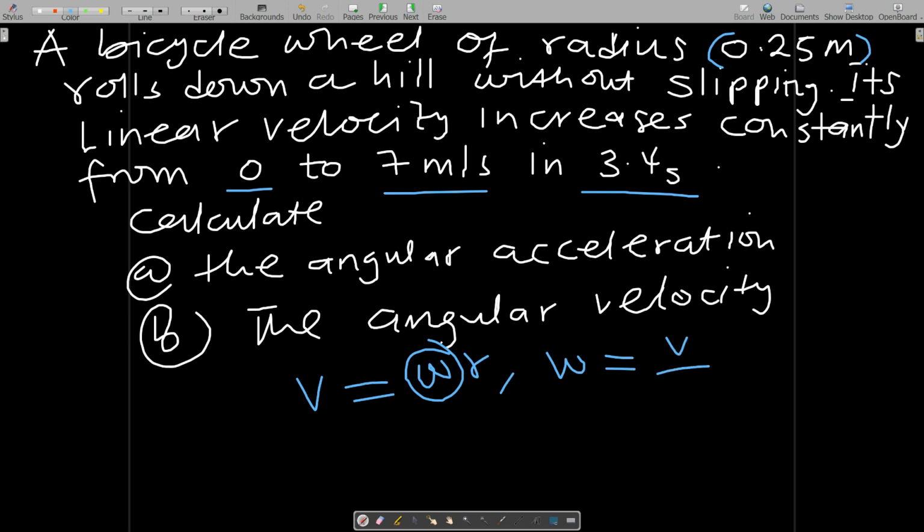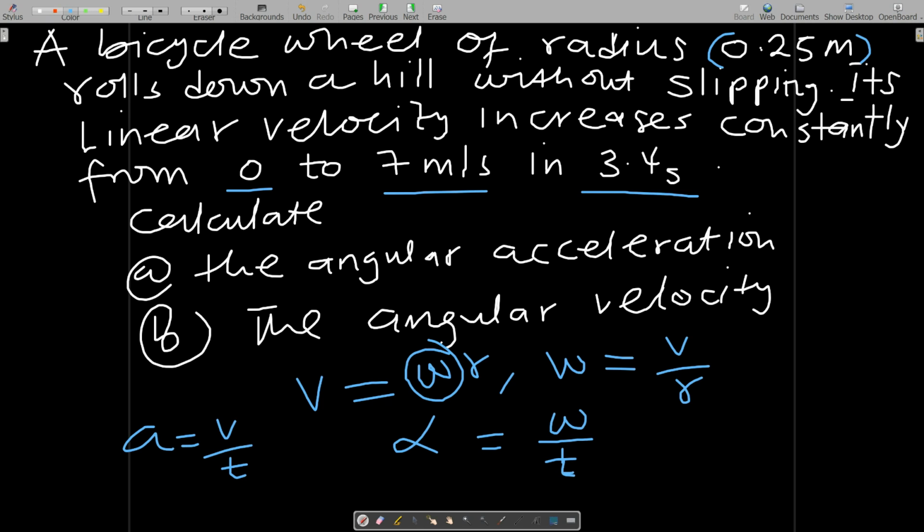Linear acceleration is equal to v over time, so the angular acceleration, alpha, is equal to omega over time, where the time is given as 3.4 seconds.